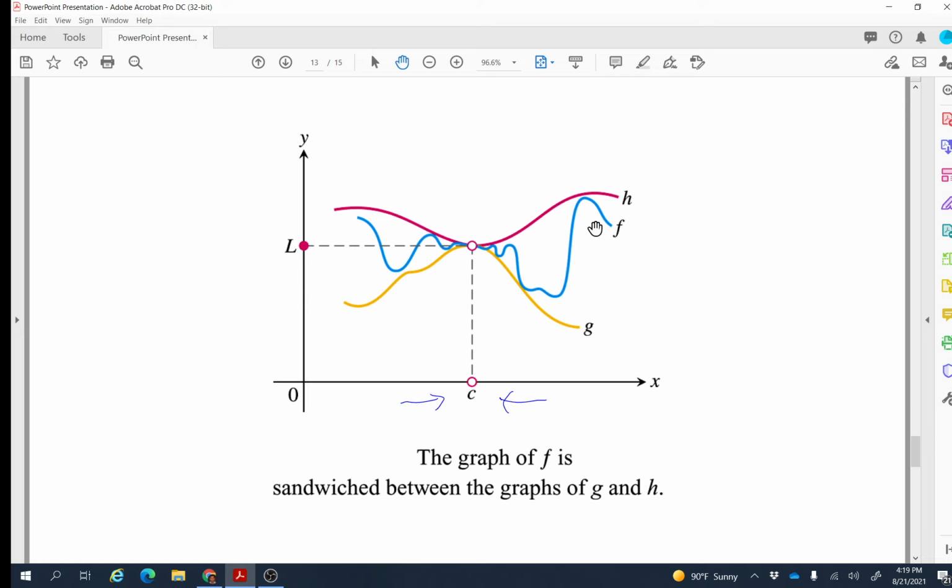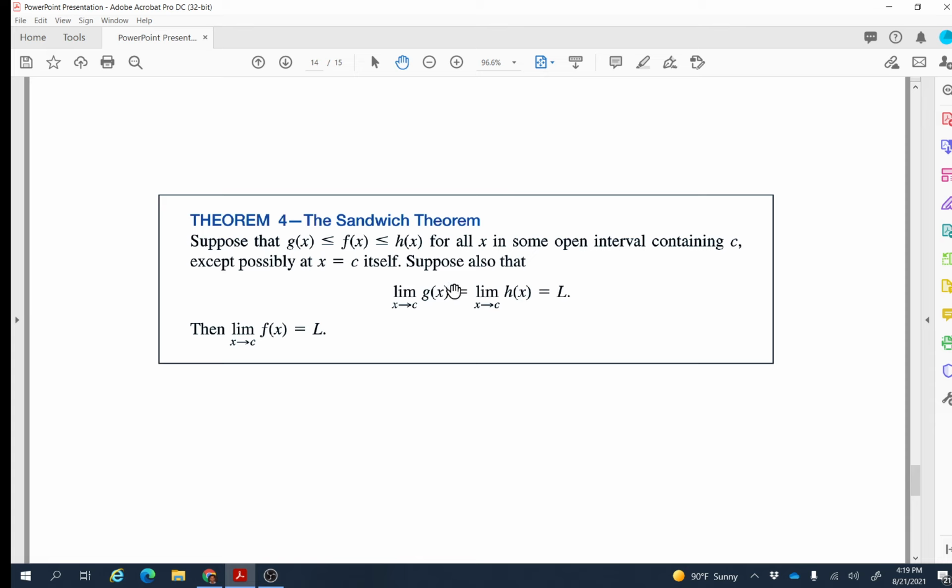So now we can use this graph to visualize the situation, and we can talk about this theorem that's called the sandwich theorem. In this theorem, suppose you have a function f of x which is in between g of x and h of x, and suppose we know that the limit of the left function g of x and the right function h of x, when x approaches c, is L. Then according to this sandwich theorem, which we don't have to prove here but can use as a tool, the limit of this in-between function should also be the same.